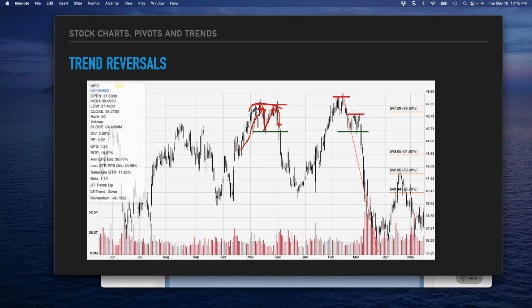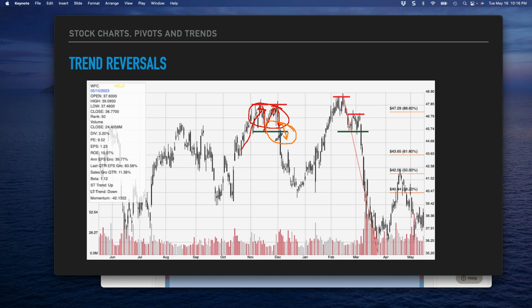All of this activity is not the signal that the trend is about to reverse. This is a period of consolidation where the previous upward trend has its bullish momentum has begun to fade, but the actual signal point for this actual trend reversal comes with the break below this prior pivot low.